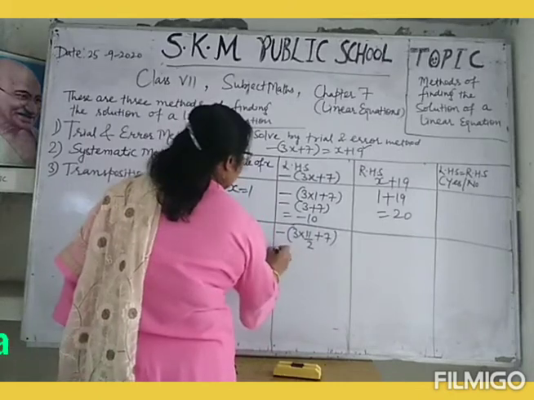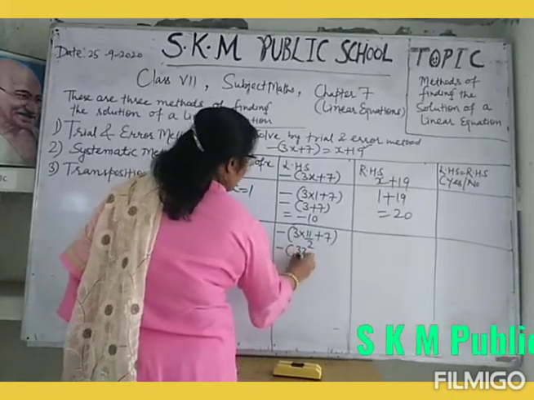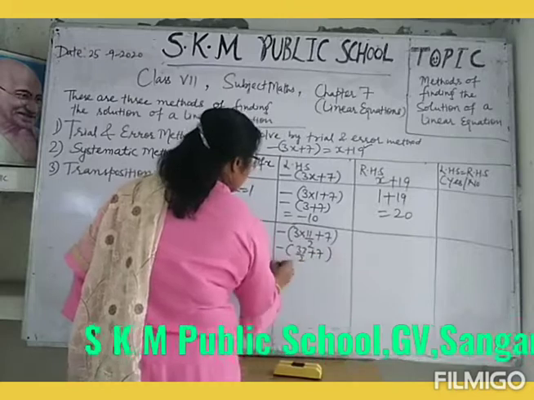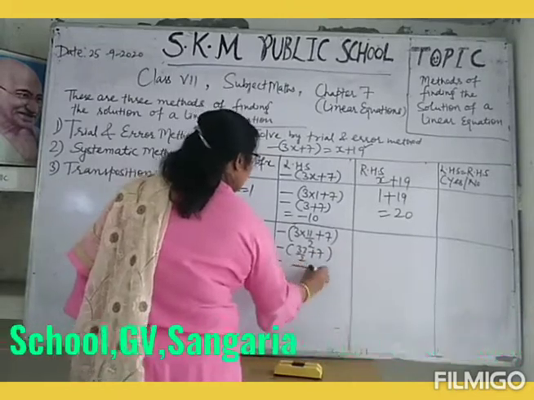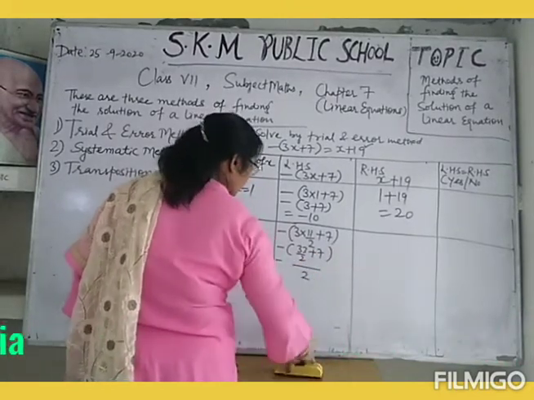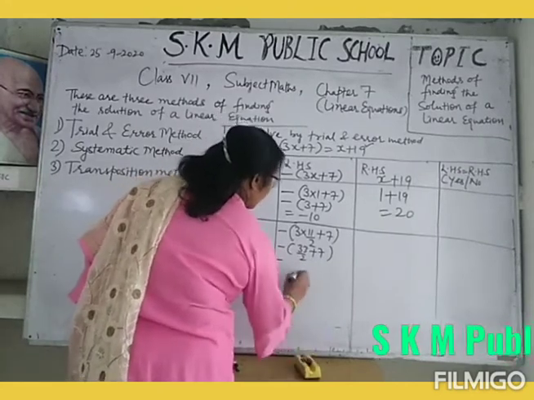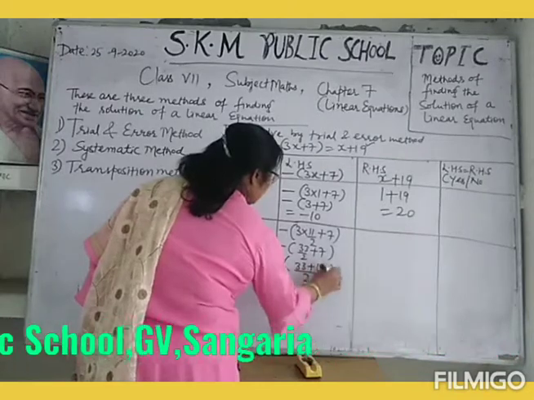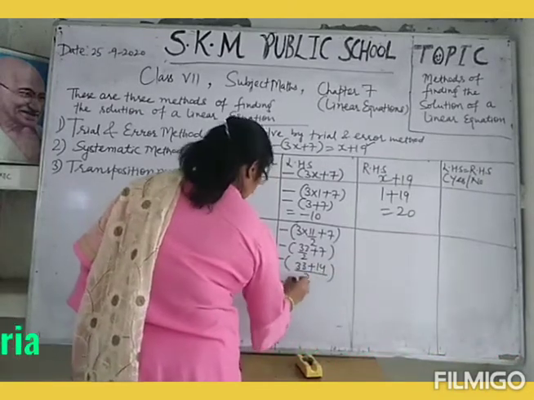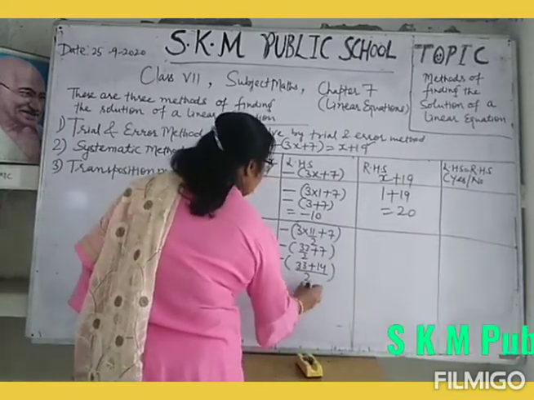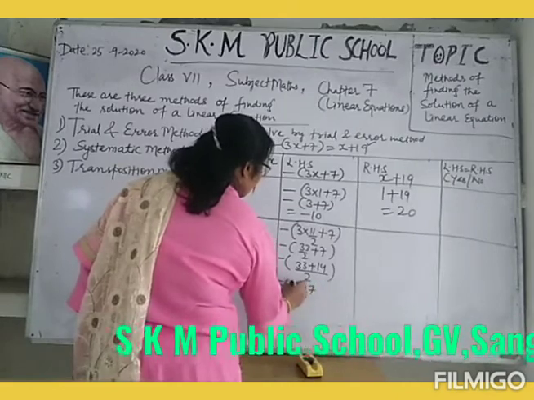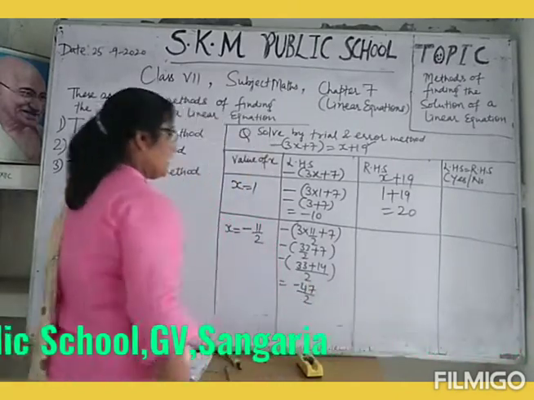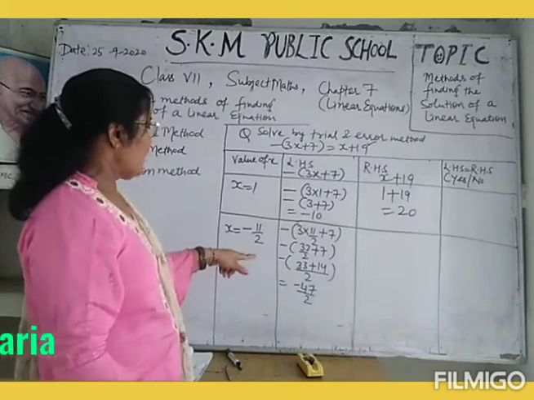I will get 33 upon 2 plus 7. Take LCM 2: 33 plus 14, which is 47. So I have got 47/2.